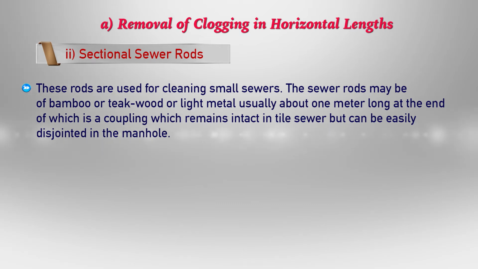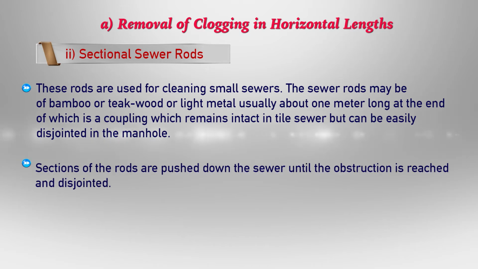The sewer rods may be of bamboo or teak wood or light metal, usually about 1 meter long, at the end of which is a coupling which remains intact in tile sewer but can be easily disjointed in the manhole. Sections of the rods are pushed down in the sewer until the obstruction is reached and disjointed.